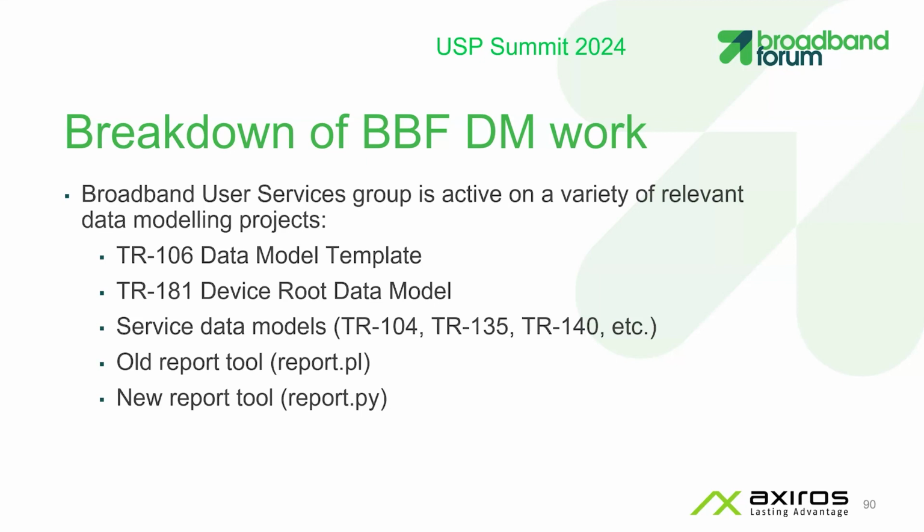So we know that whatever we put in makes sense and is somewhat coherent. And there are two different versions of that tool. I'm also going into that in a little bit. We have the old version, which is written in Perl, and we have a new version, which is written in Python, which we are trying to get to rather soon and try to get rid of the old ones.